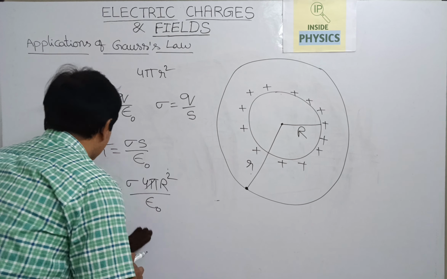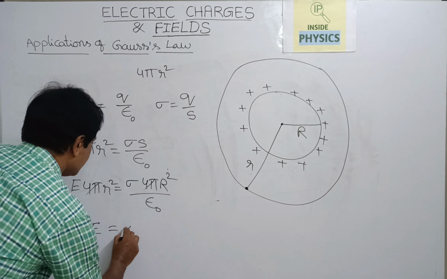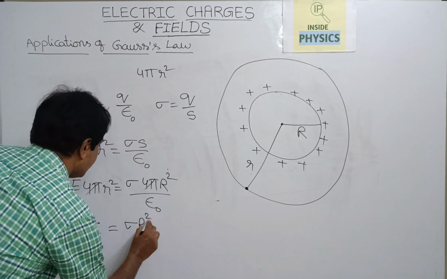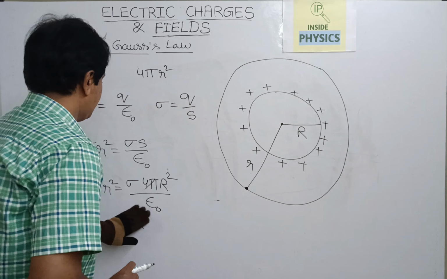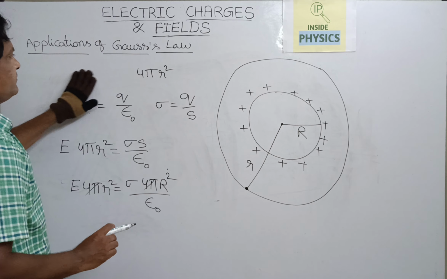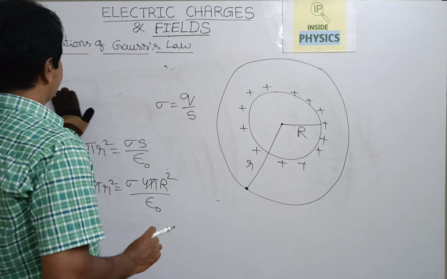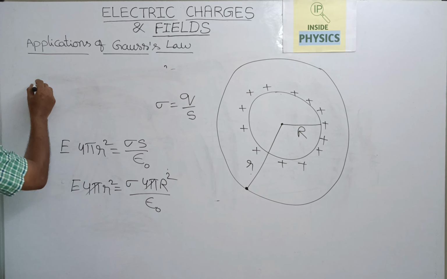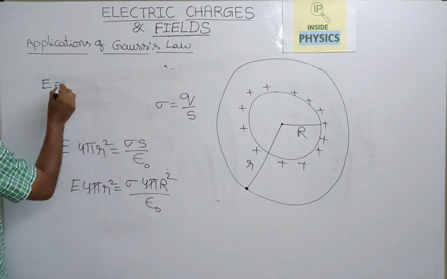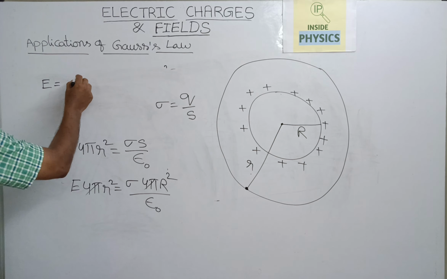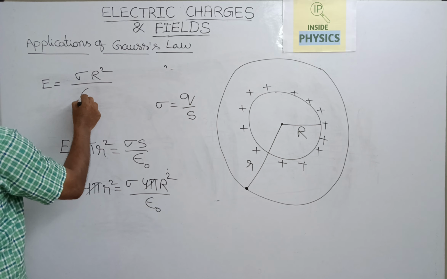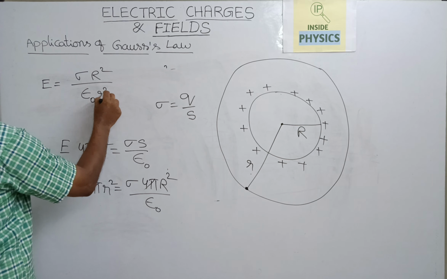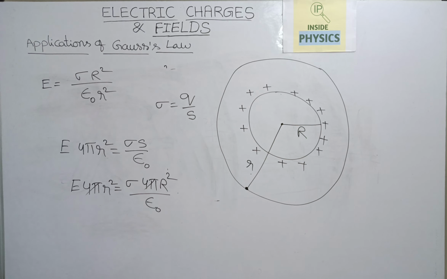Electric field is equal to sigma R square. I will write here on the top. So E is equal to sigma R square by epsilon naught r square. From this I have written here.